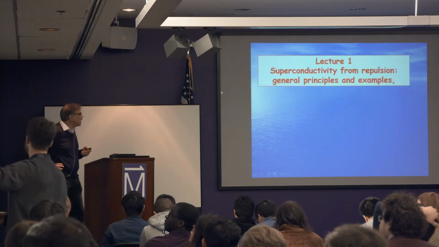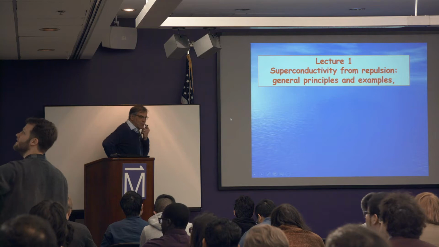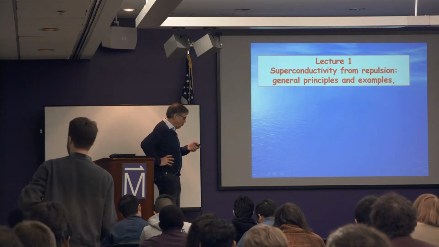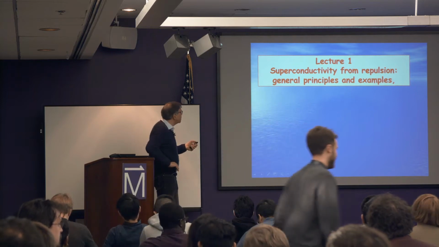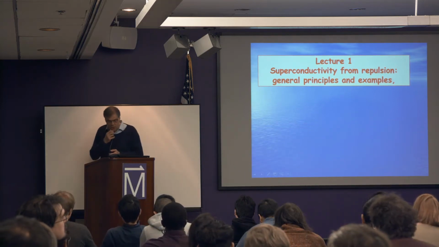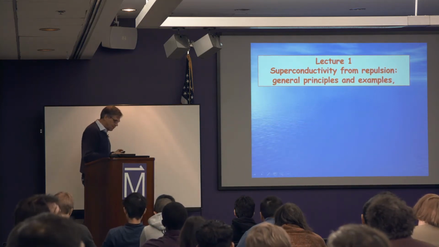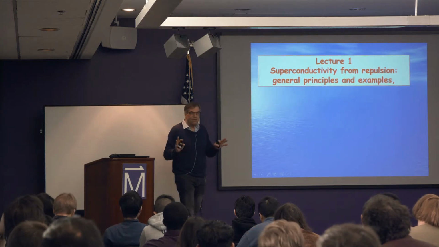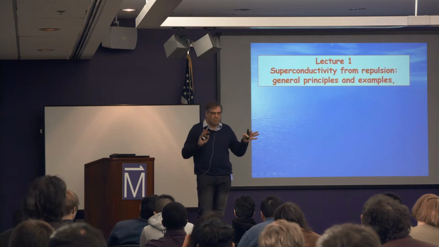Anyway, let's start. Let me remind you very quickly, lecture 1, this already happened yesterday. We discussed superconductivity from repulsion and the general principle of how one can get attractive interaction from a nominally repulsive one. Hint, this is a game of words.